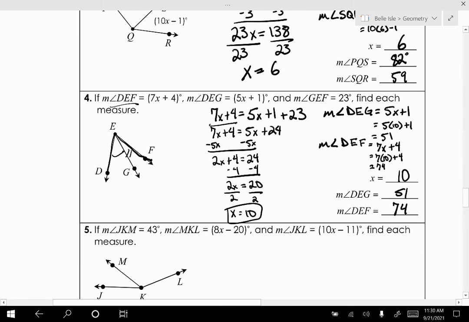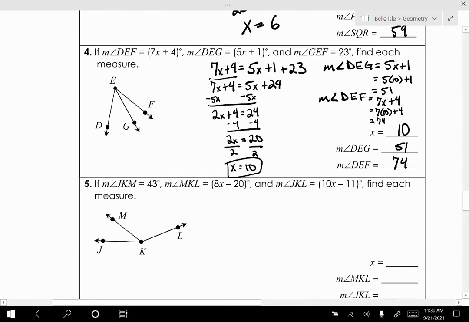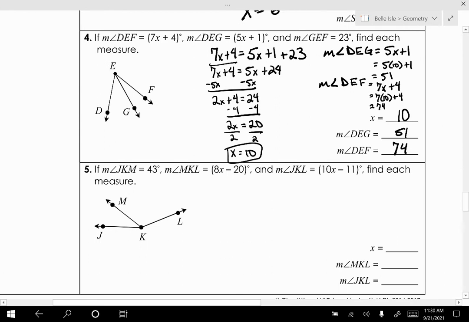Okay, again, after you do 4, for those of you that maybe just came back in, do number 6 as well.